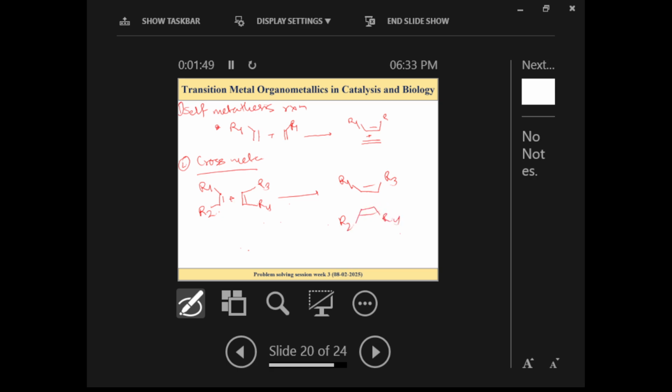That is also possible. This is called the cross metathesis reaction.